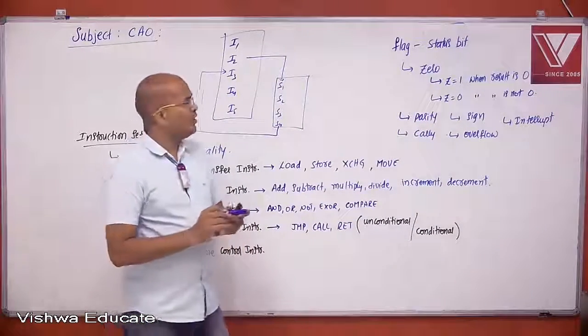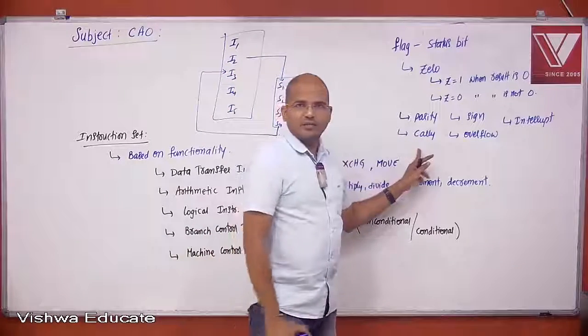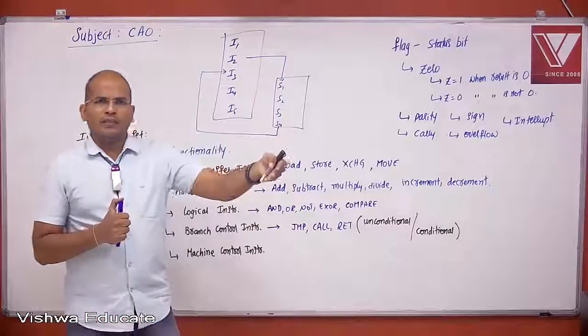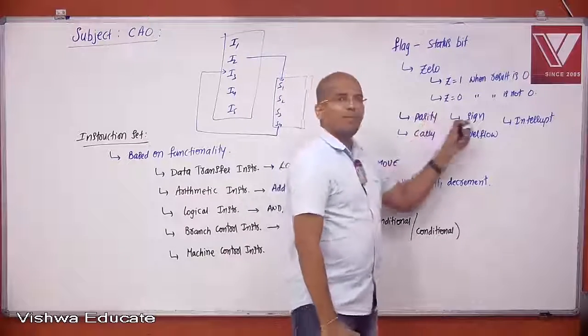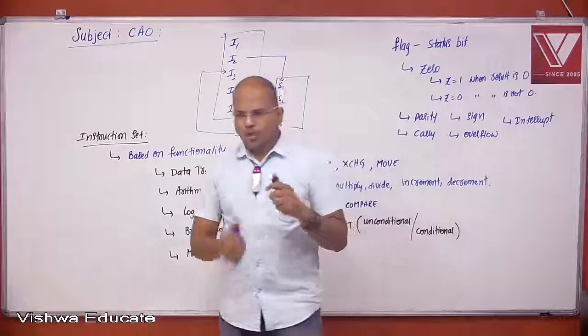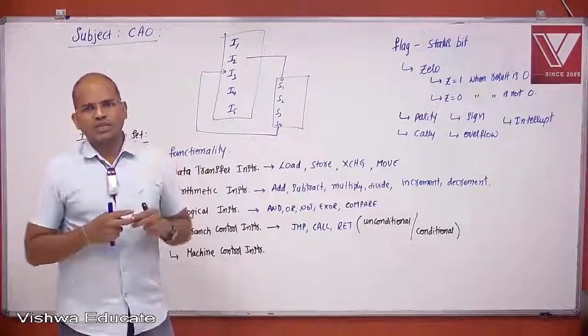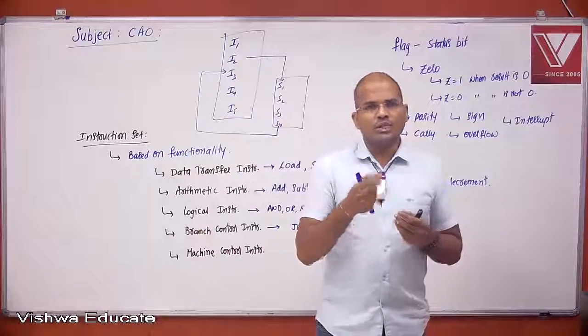Depending on each flag status, I can say jump if carry. What do you mean by jump if carry? Move to a required label if the carry flag is set to 1. I say jump if positive. What is positive? If the most significant bit is 0, it is a positive value.